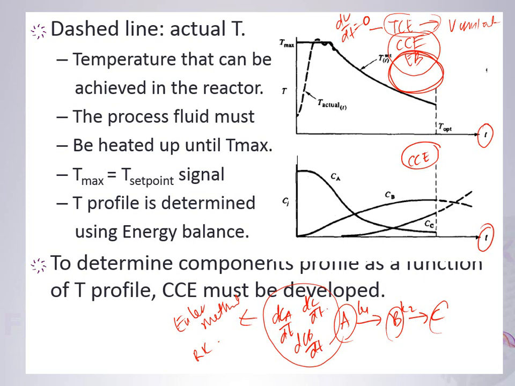Your first T would be your initial T when you feed in your reactants. Say for example, this is at 30 degrees Celsius, and then you bring up the temperature, and then what happens when the temperature goes down? This is when you pump in the coolant, the cooling water.